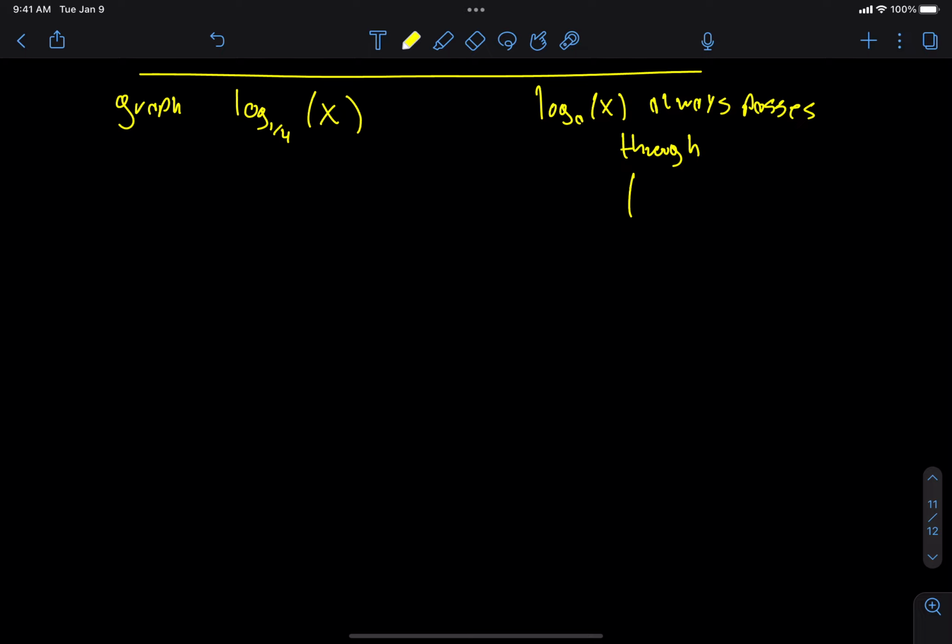Who can give me one of the points that a logarithm always passes through? A, 1. Yes, A, 1, and what's the other one? 1, 0. 1, 0, good. So in this case, a is 1/4, so this one's gonna pass through 1/4, comma 1, and 1, 0, right?